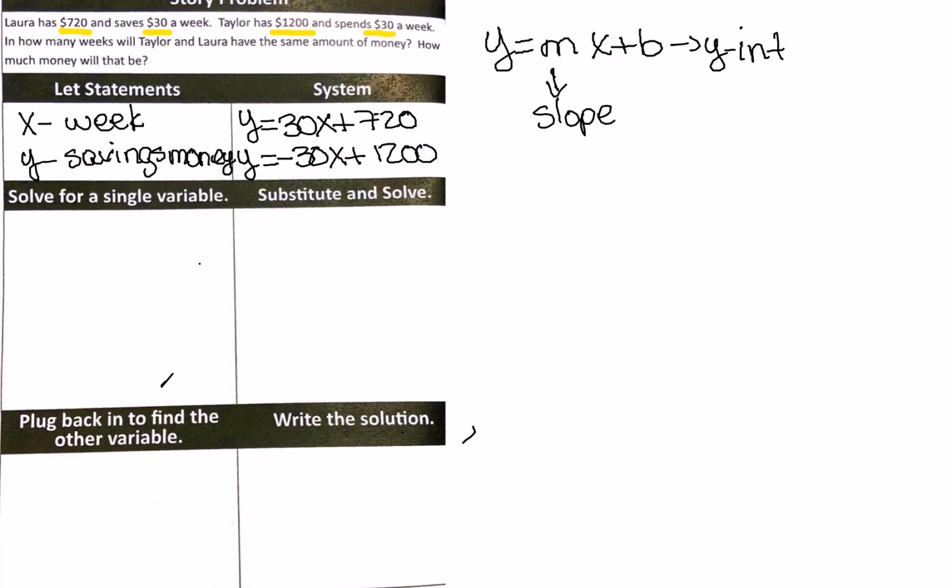Now I just have to solve this system, and since both are y equals, the best method is to use the calculator. Just plug that on the calculator and find the intersection point between those two lines. But since I don't have a calculator, I will just do it by substitution. That's another way to do it.